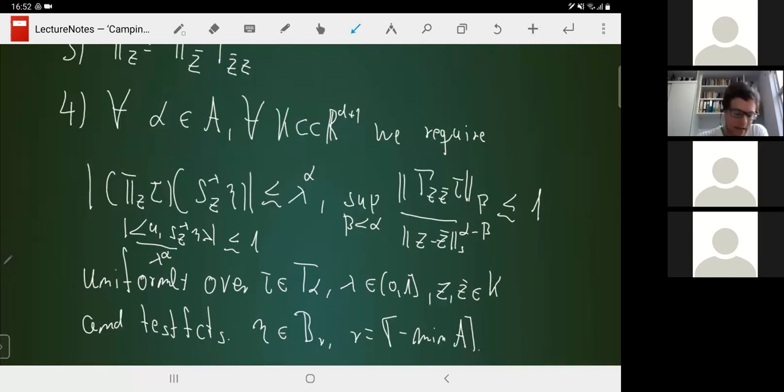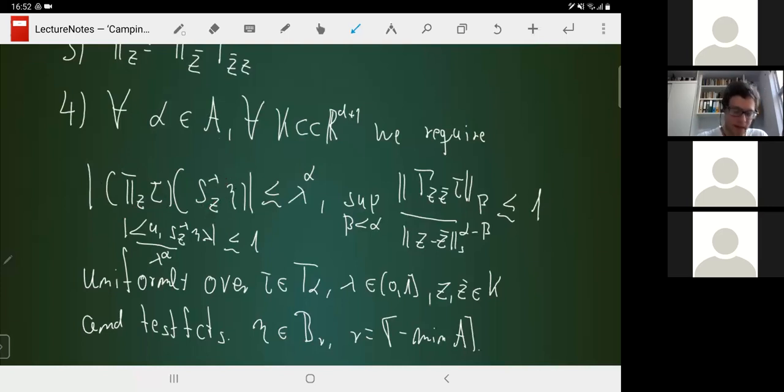And it's almost the same, but it's not quite the same. So why is it not quite the same? Well, first of all, tau is some element of your regularity structure, like some abstract polynomial. When you apply pi z, this now turns into a function or distribution. What this condition says is that the only test functions to test this distribution pi z tau against are those that are centered around z.